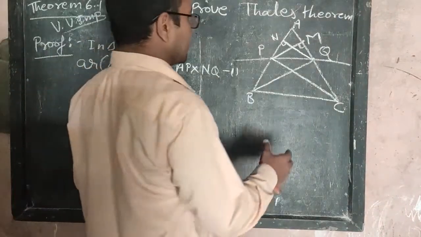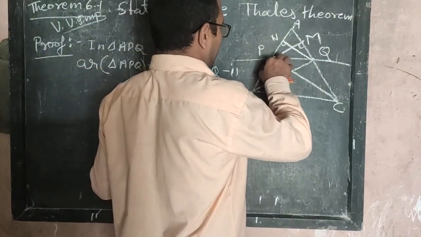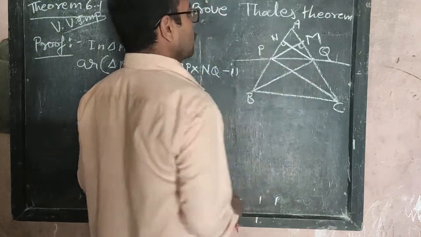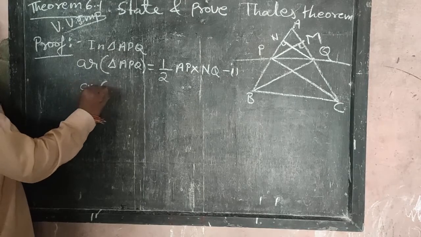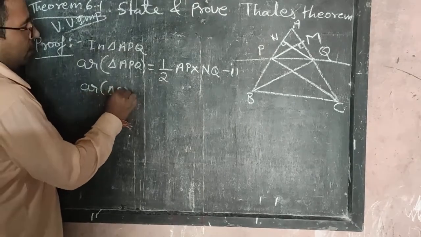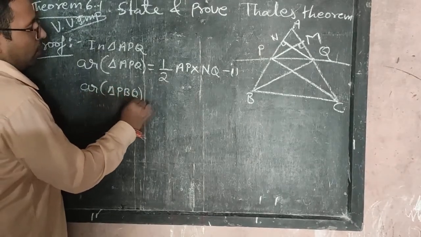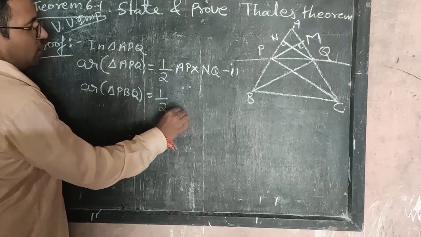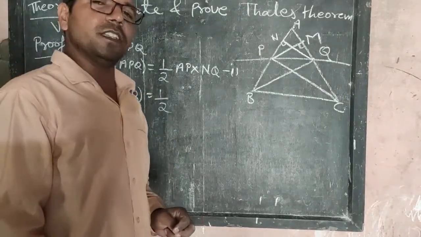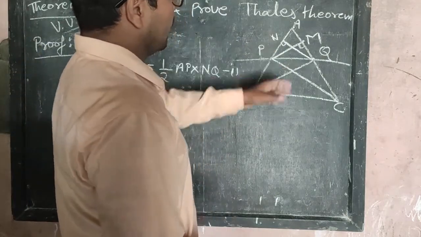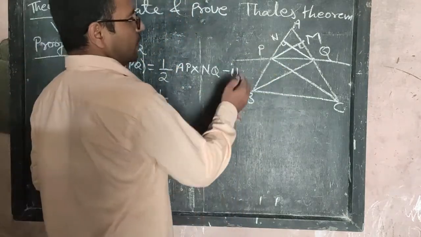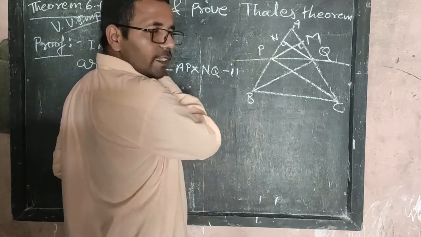And again we will use it in the next triangle, triangle PBQ. Area of triangle PBQ, again we will use 1 by 2 base into height. So students, which one will be the base in this triangle? Generally this triangle is drawn like this.